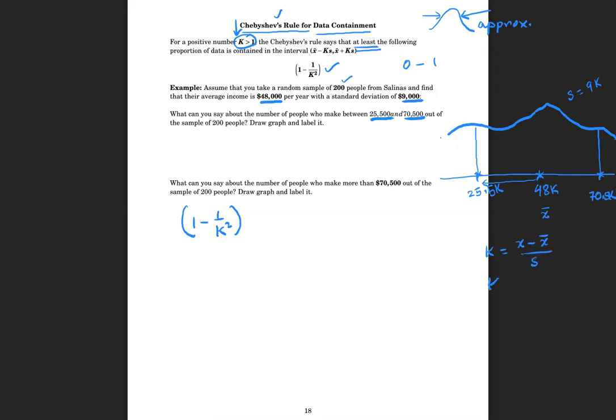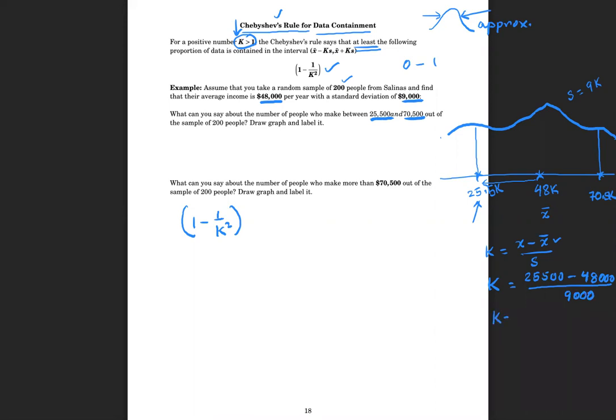So my k value is going to be: x is the point in question, which is 25,500, minus x bar, the average, which is 48,000, all of it divided by the standard deviation of the sample, which is 9,000.